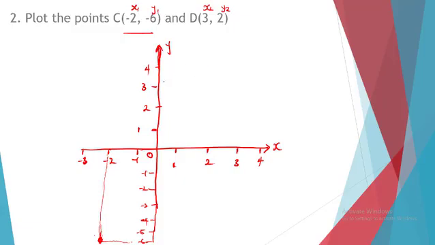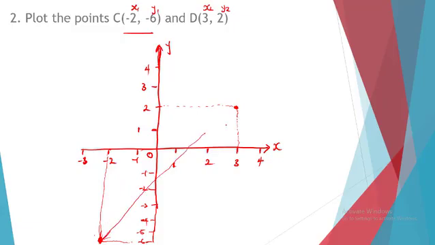That's one. Then secondly, when x is 3, y is 2. We'll go up and join these 2 points where they intercept. So all we need to do is to draw this line to join both of them.